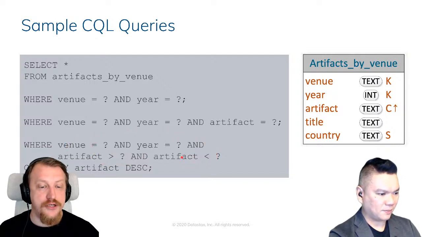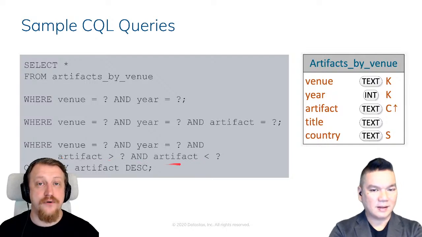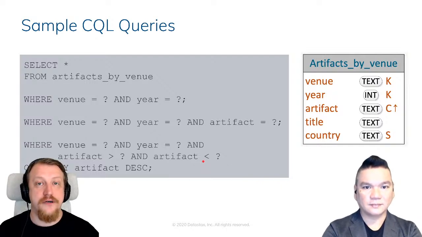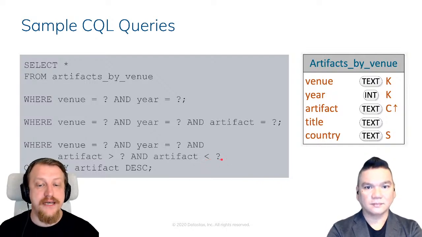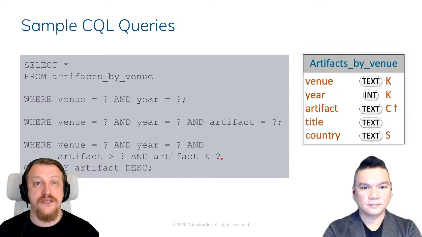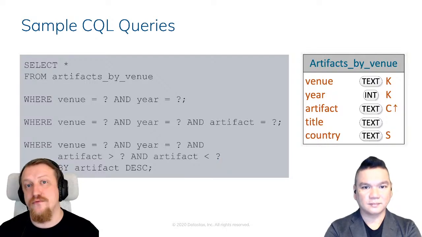We know which partition to ask, and we can use inequalities for the clustering columns. Notice I say we can use inequalities for clustering columns because we cannot use inequalities for the partition keys, exactly for the reason mentioned above. If you do not specify the particular partition, we don't know which server to ask, and boom, that's a full cluster scan.